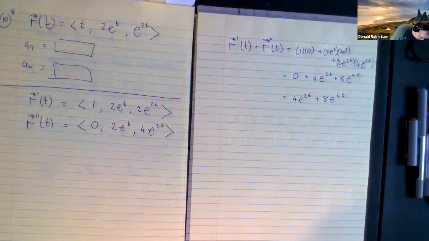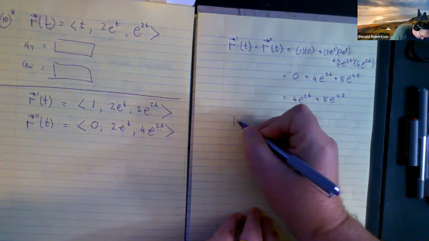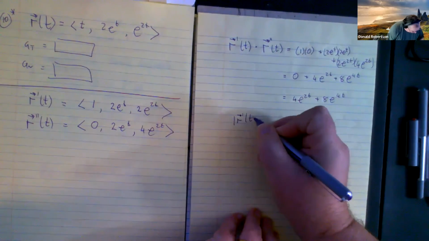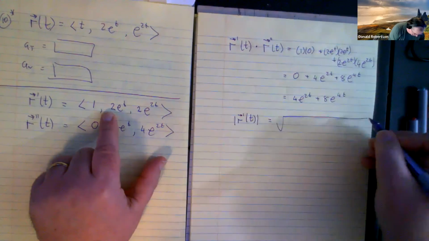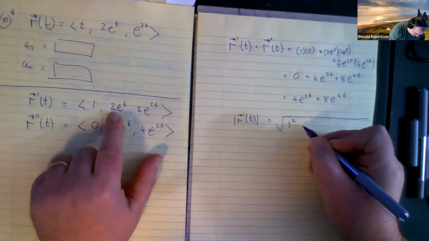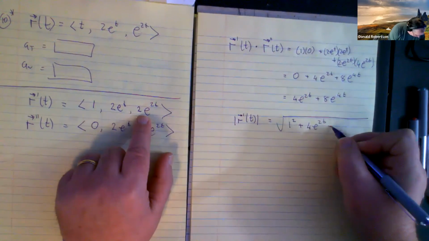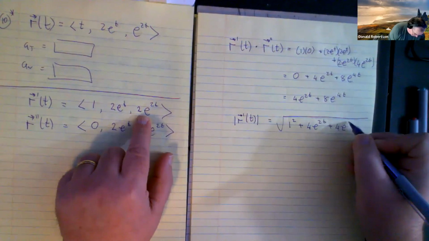Now I also need to get the magnitude of the first derivative, which is going to be the square root of this squared. If you square this, you get that, and if you square this, you get that.